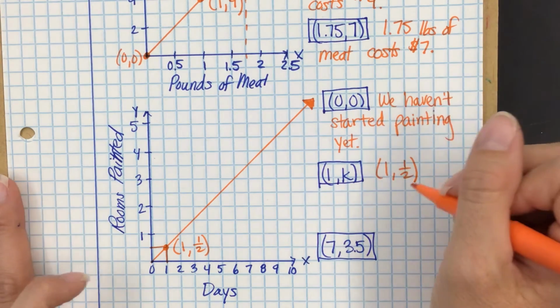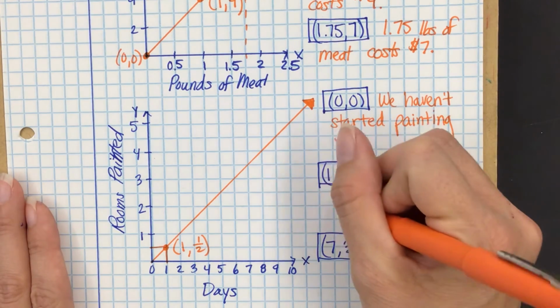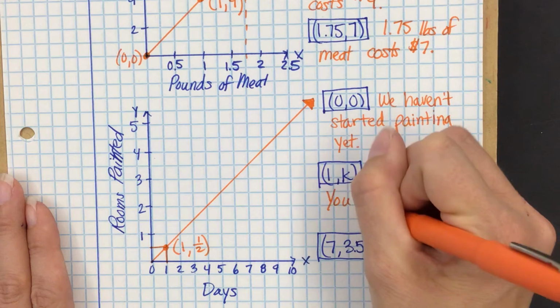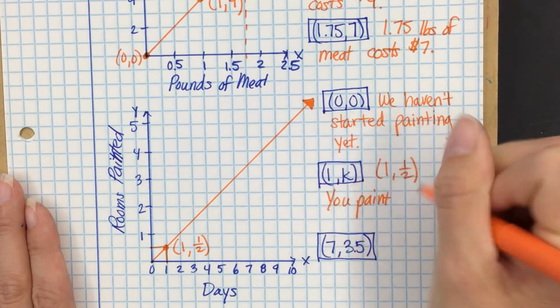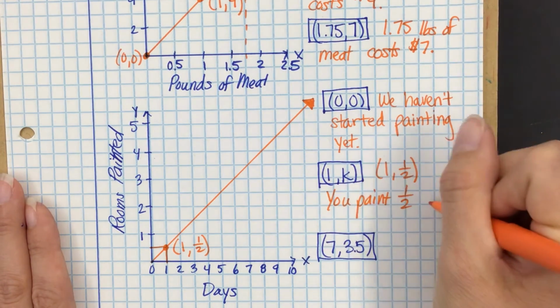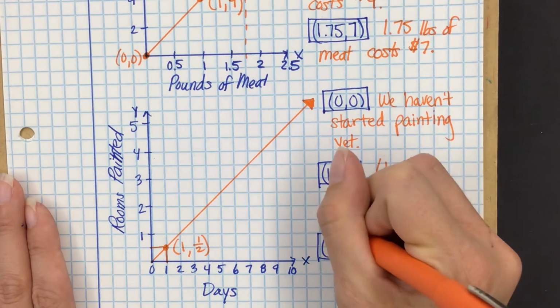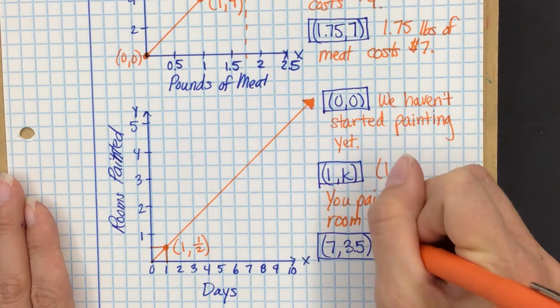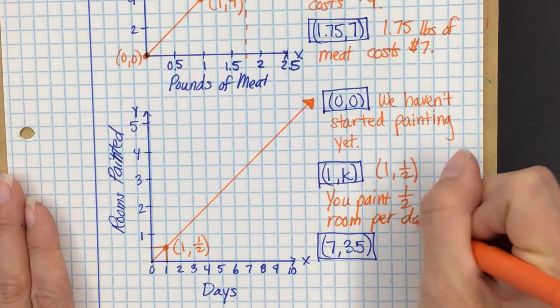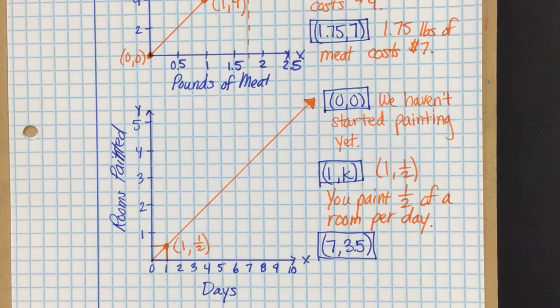And yeah, I would say you paint 1/2 of a room per day. 1/2 of a room per day. Okay.